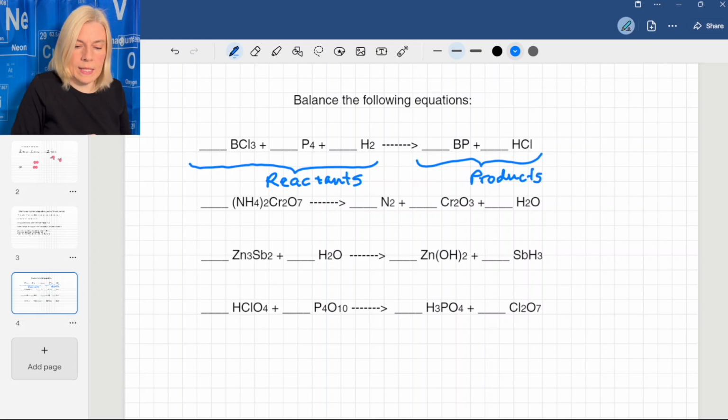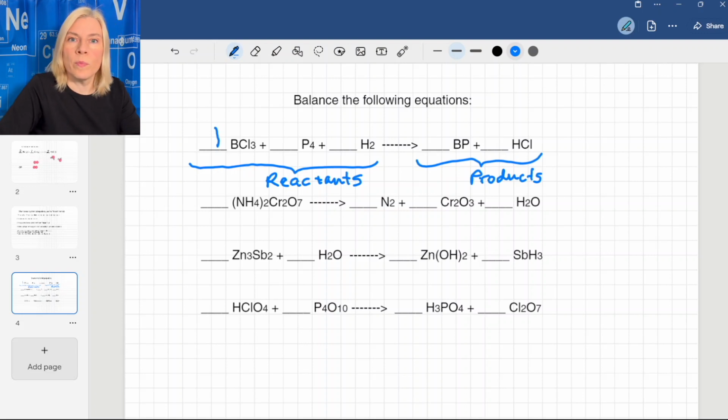Okay, let's balance it. We're going to put 1 in front of the most complicated substance. I'm looking at it, and I think the first one looks most complicated. It has 2 different elements, and it has the most atoms. So I'm going to put 1 in front of it.